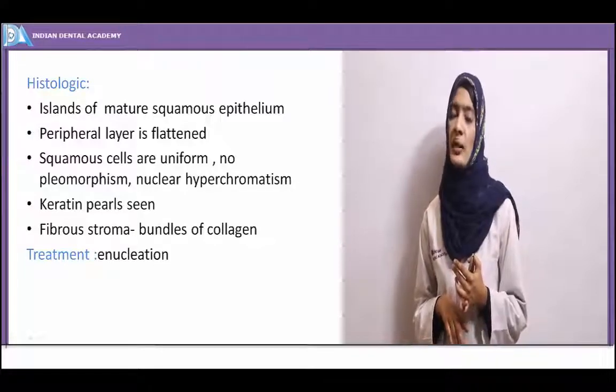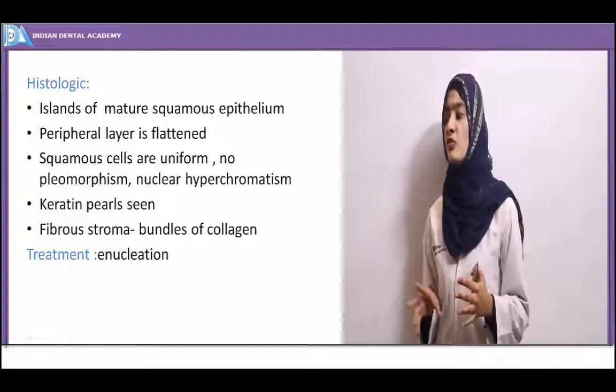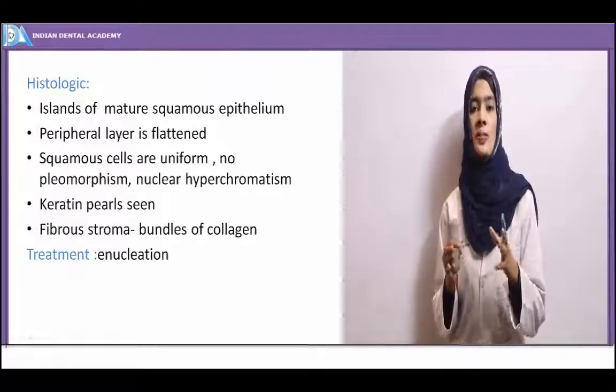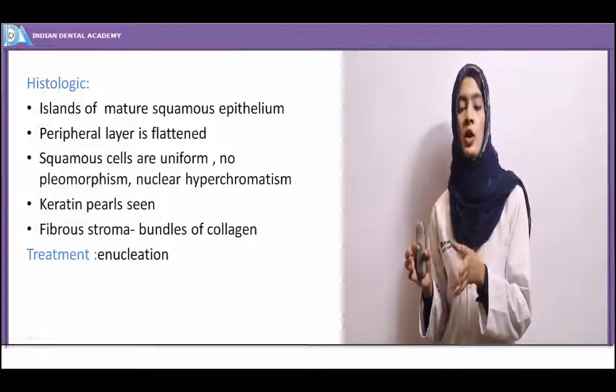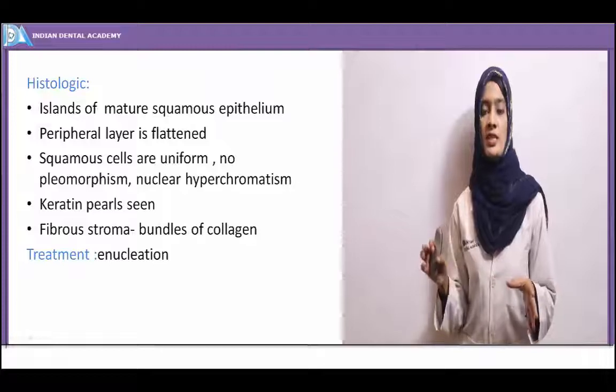There is no nuclear hyperchromatism because the squamous cells undergo metaplasia. Keratin formation is seen, and along with the epithelium, the connective tissue shows the presence of fibrous collagenous tissue. Fibroblasts predominate, and bundles of collagen fibers are seen.